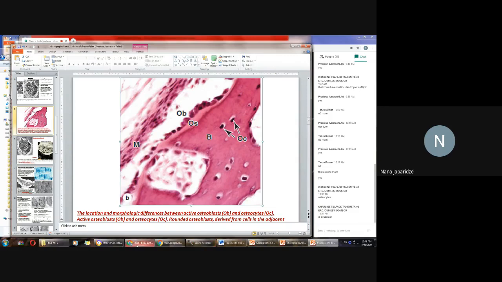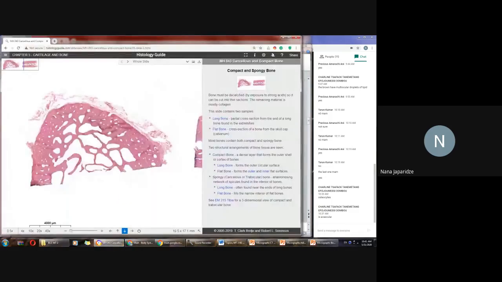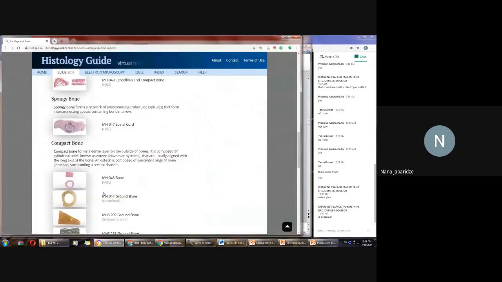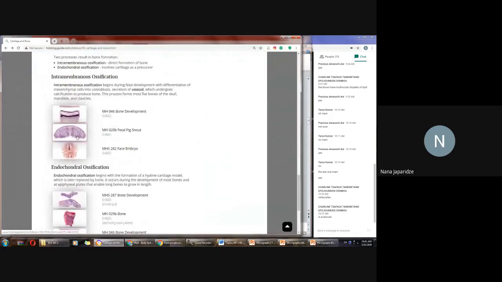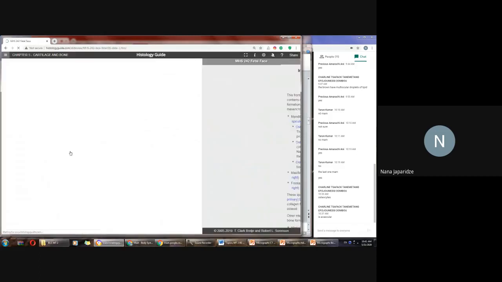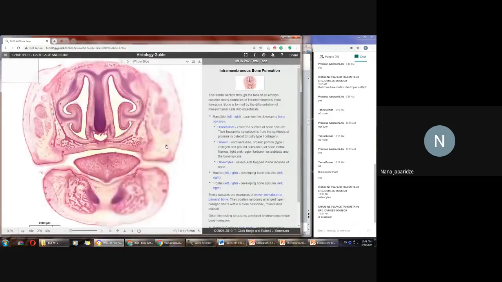Okay, look, during embryogenesis, we have here the fetal phase. Look, the formation process of the fetal phase.